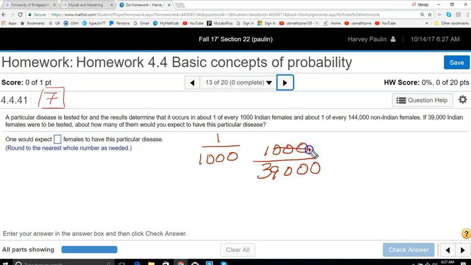So in a sense, it's going to be 1 out of every 39. So since there were 39,000 tested, the number would be 39 who would show this particular disease.